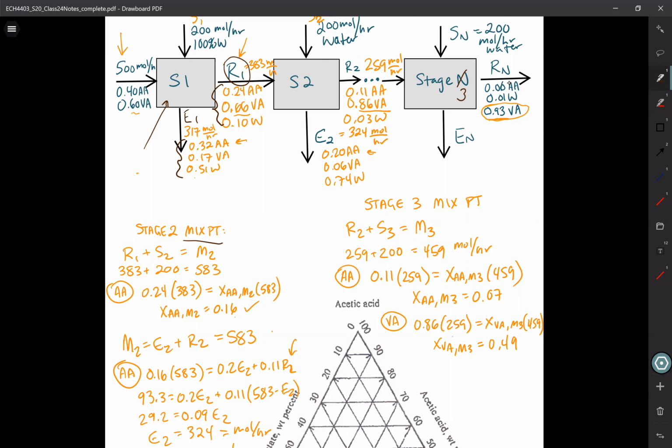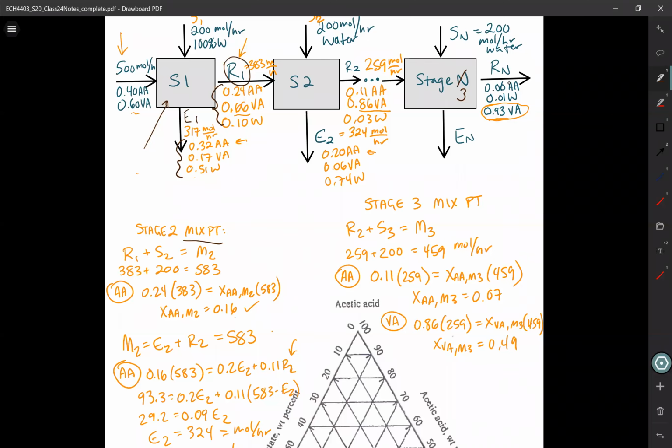For stage 2, find the mix point, draw your tie line, figure out the compositions of the raffinate and extract, then do material balances again. Cross-current extraction processes are rather straightforward because you can just go stage by stage doing those three steps repeatedly until you achieve your desired goal.